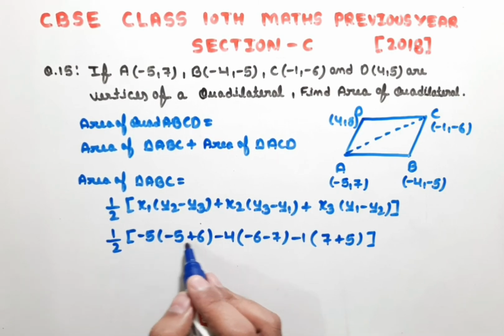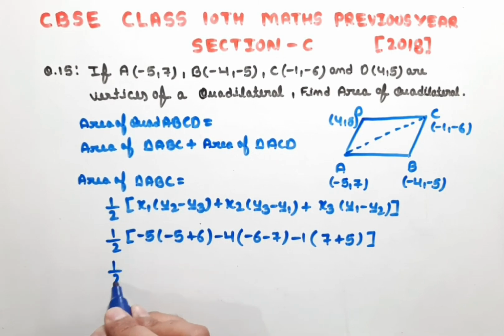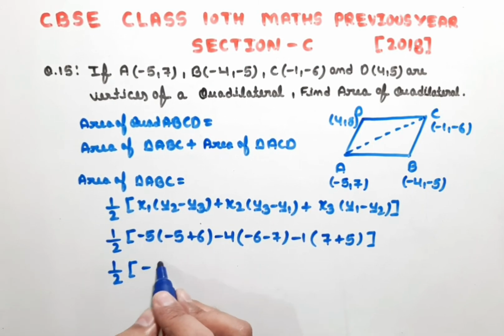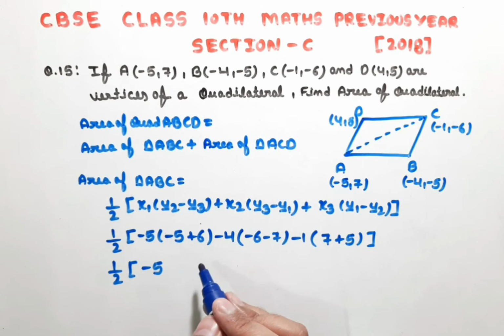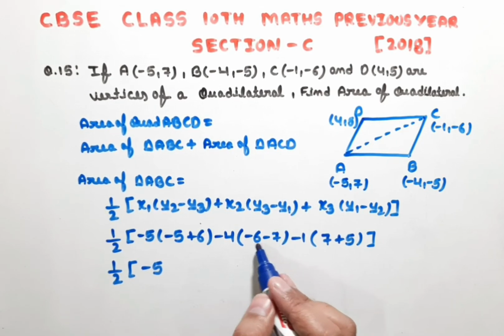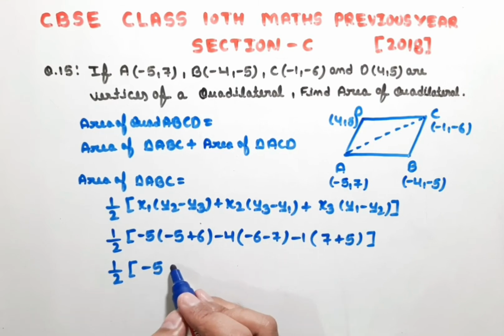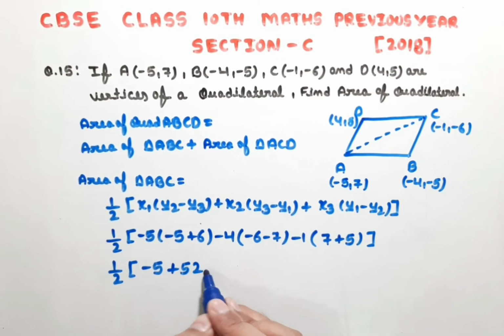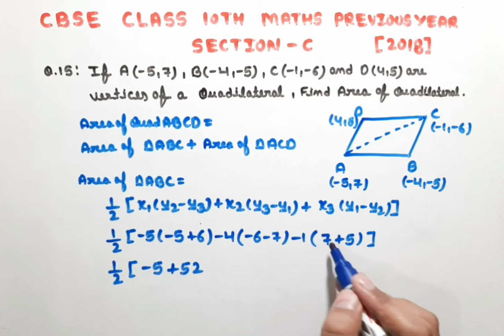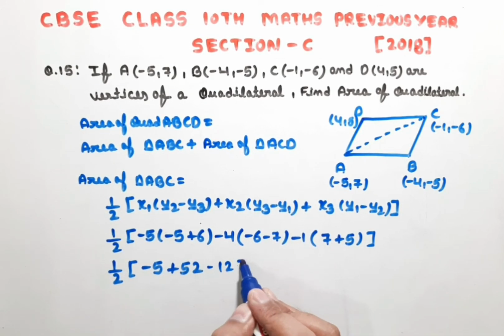So minus 5 plus 6 will be equal to 1, and 1 into minus 5 will be minus 5. Minus 13 into minus 4 will be plus 52. And 7 plus 5 is 12, and 12 into minus 1 will be minus 12.